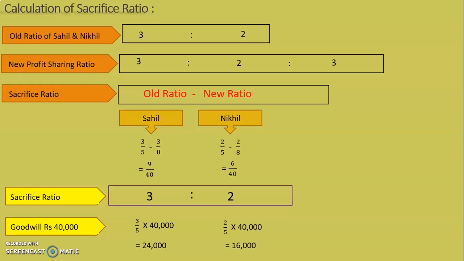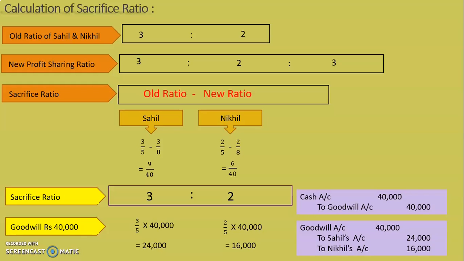Now the entries for goodwill is, when the new partner is bringing in goodwill in cash, cash or bank account debit to goodwill. And then when it is credited to the old partners, goodwill account debit to Sahil's account to Nikhil's account. Now your goodwill account credit and goodwill account debit is set off.